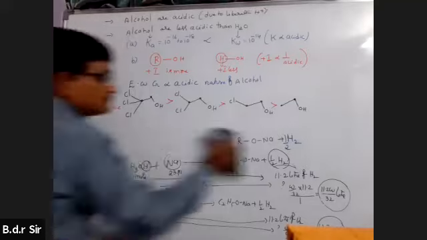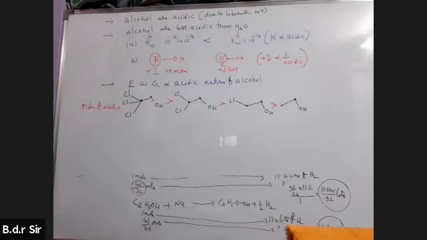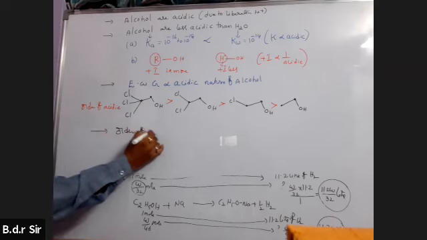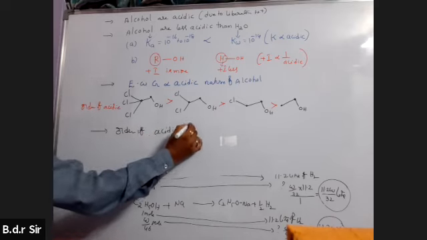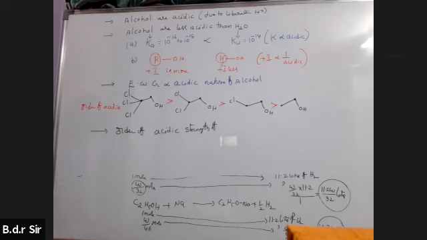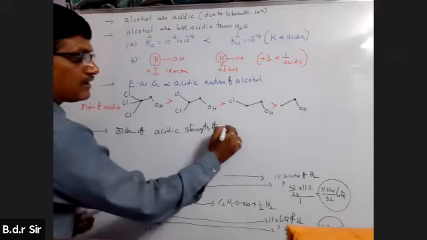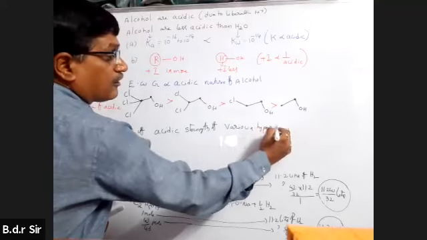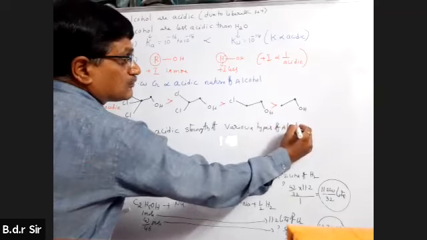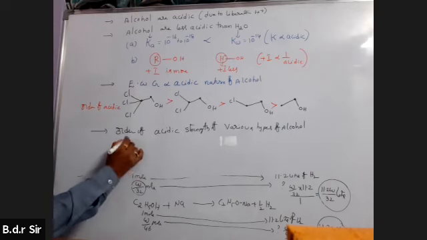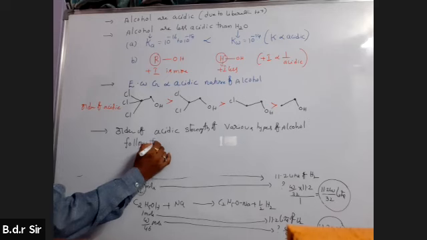Finally, the order of acidic strength of various types of alcohol follows the same order.